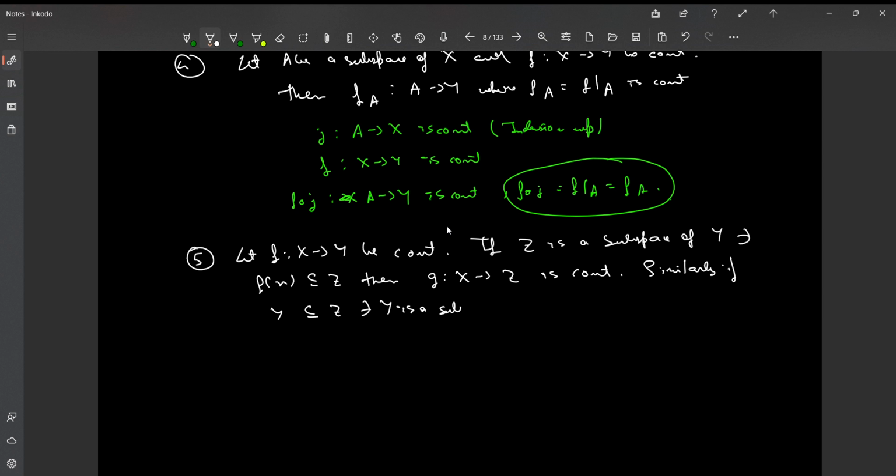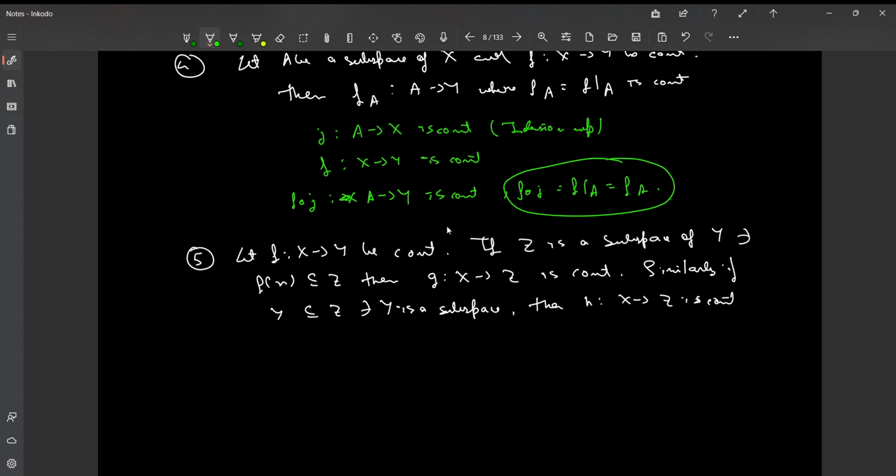Similarly, if Y is contained in Z such that Y is a subspace, then a mapping H from X to Z is continuous.